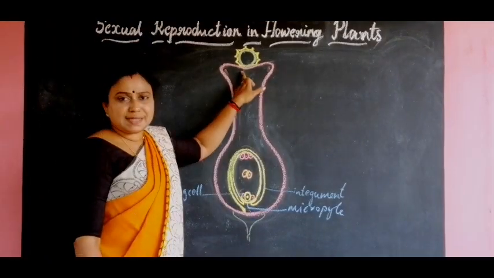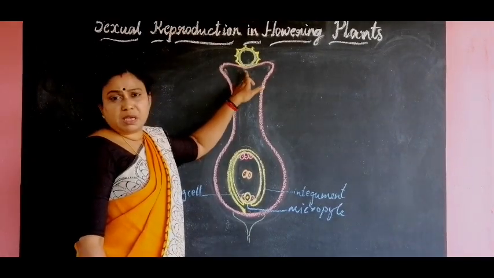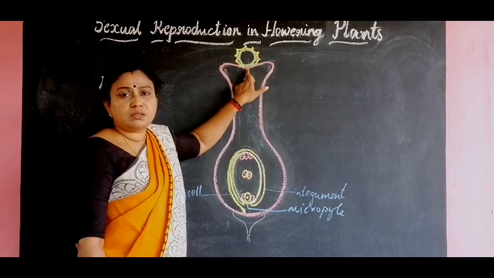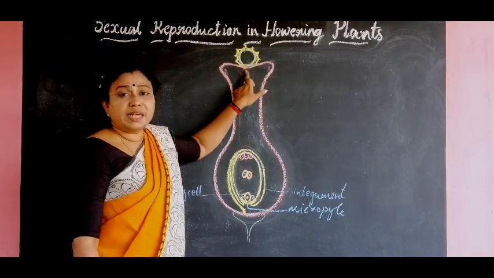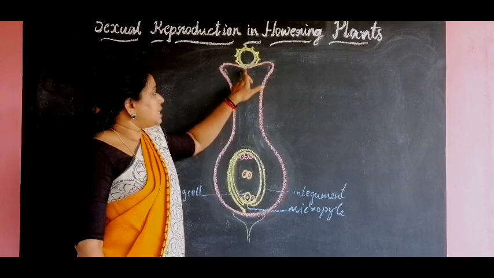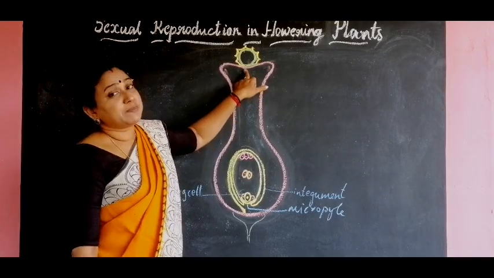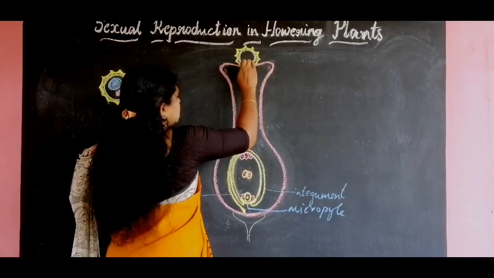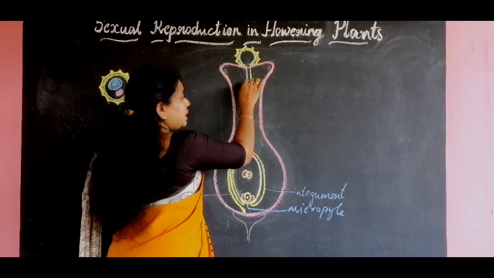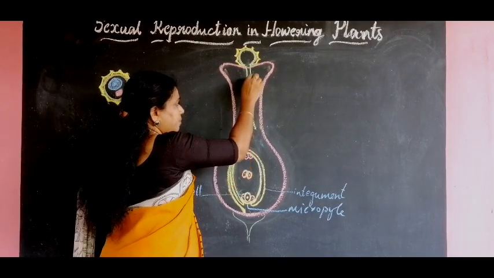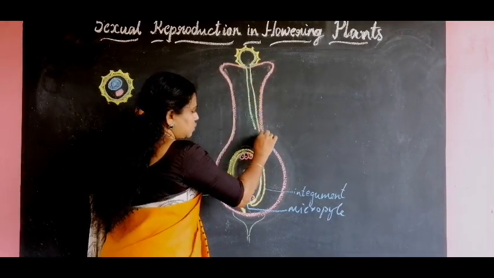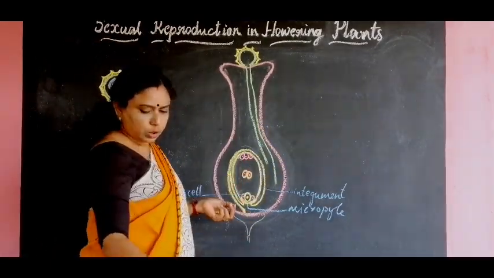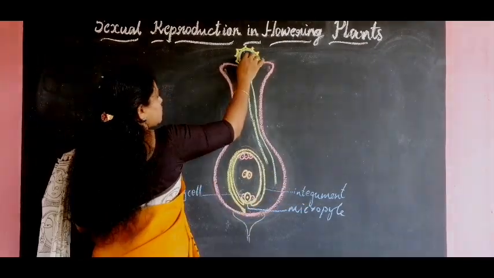On the stigma there is a sugary substance, or chemical substances, which induce the growth of the pollen tube. The pollen grain starts germinating as a result of the action of these chemical substances present on the stigma. These pollen grains grow towards the ovary. As the pollen tube grows towards the ovary, what also moves?